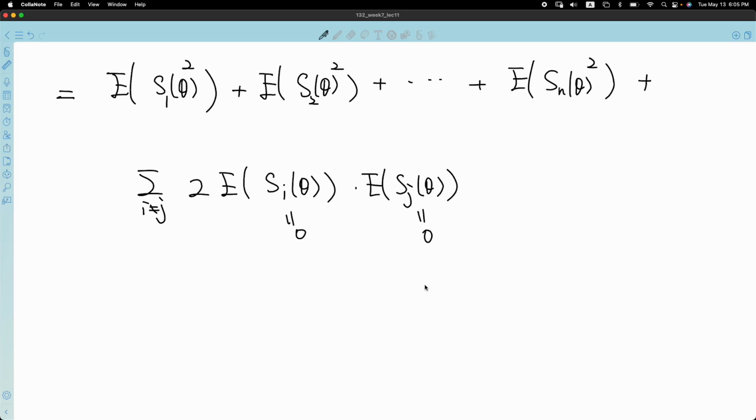So we only have n copies of the square of the score, which is the Fisher information. So essentially we have n of I theta. Any question or comments?